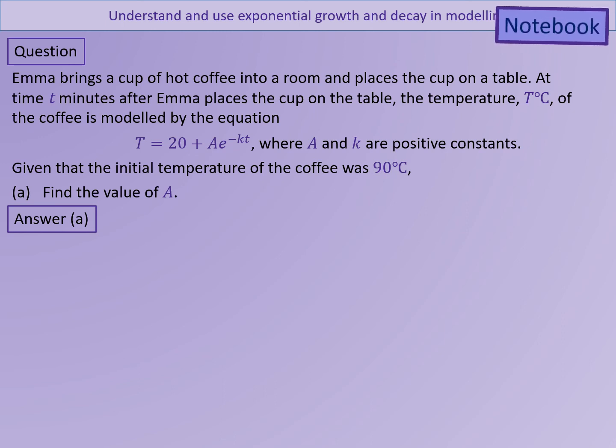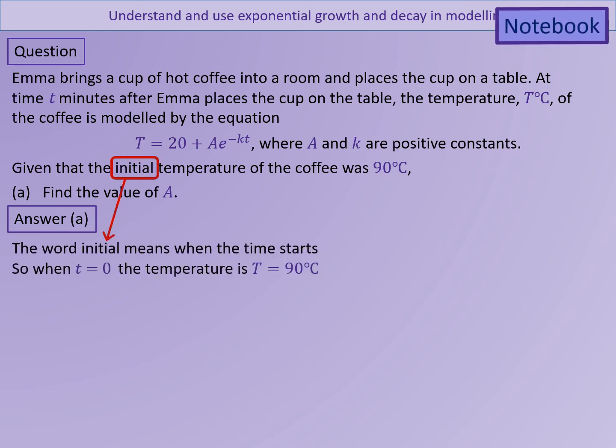We're going to use that to first of all find the value of a. The word initial within this context is a really important word. Sometimes it will say initial or initially, sometimes it will say at the start, but it's an indicator that we are using a t for time value of 0. So when t is 0, the temperature of the coffee is 90 degrees Celsius.